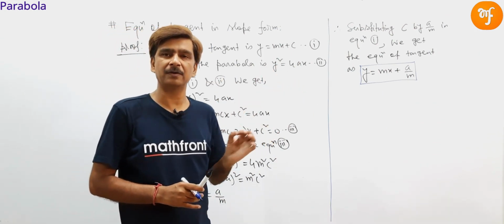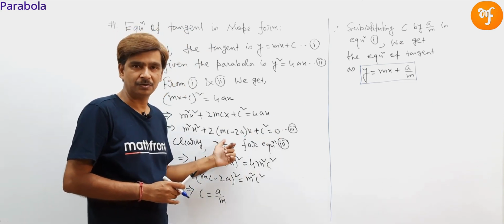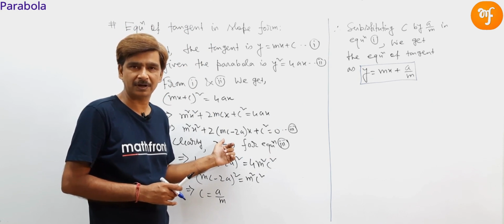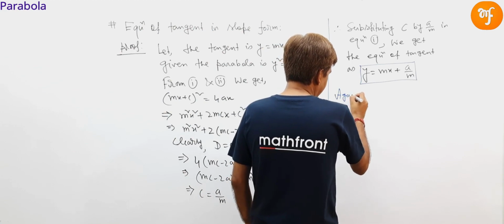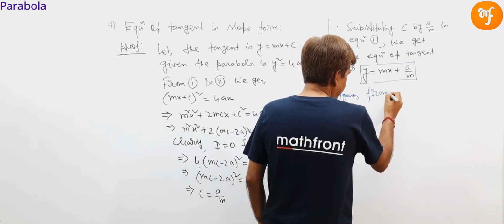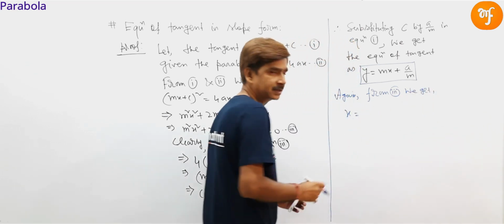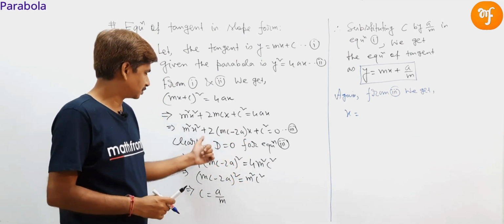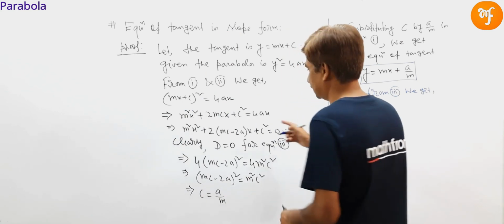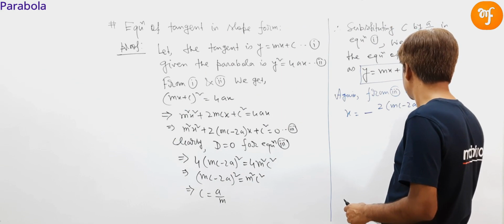Now to find the point of contact, just from equation 3 we will find the x coordinate of the point of contact. So how? From equation 3, again from 3 we get what? The value of x is nothing but minus b by 2a, as the discriminant is equal to 0. Okay, so the value of x will be minus 2 into mc minus 2a divided by 2 into m square.